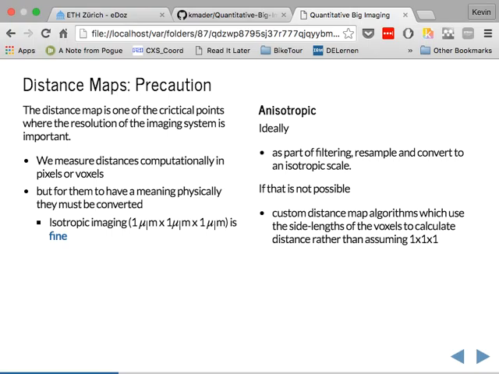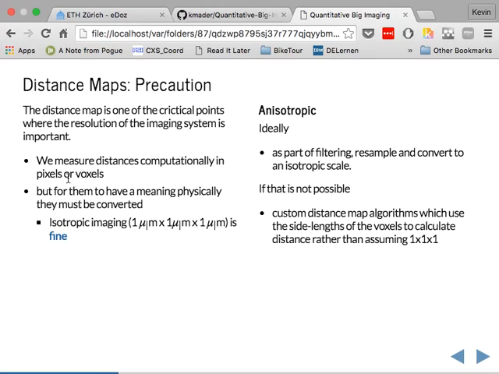Because a voxel is maybe 1 micron in one direction, but could be 10 microns in the other direction. And so knowing how many voxels you are away isn't very helpful, because you're concerned with how many voxels across and how many voxels down, because these have different sizes. And so when you have images like this, it can be very difficult to interpret what this distance map means in the real world.